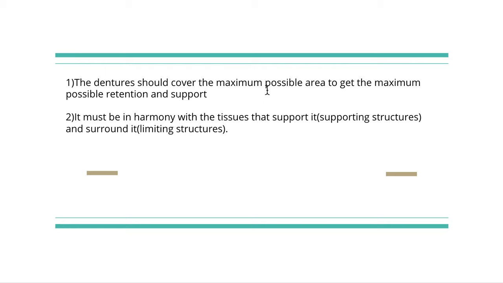There are three types of anatomical landmarks, which are the supporting structures, the limiting structures, and the relief areas. The structures that can support the bearing of the dentures, the structures that limit the extent of the denture, and the structures that need to be relieved when you're making a denture.